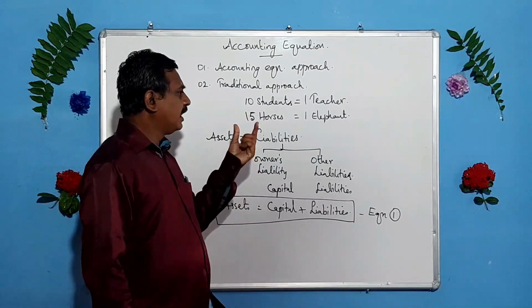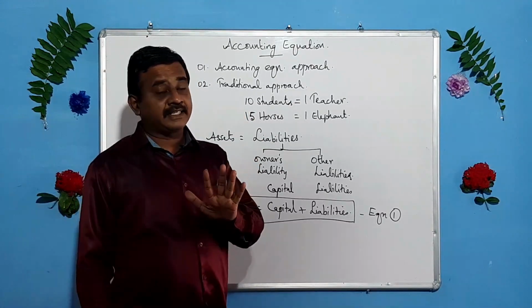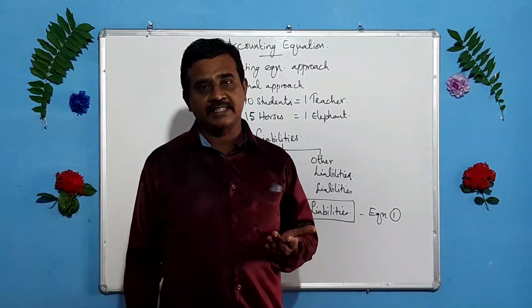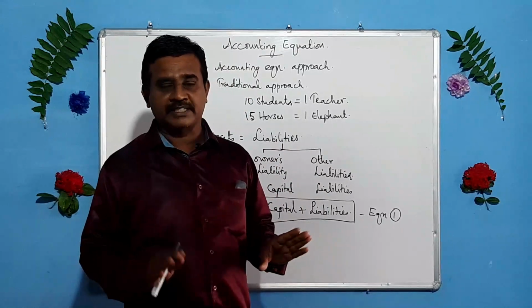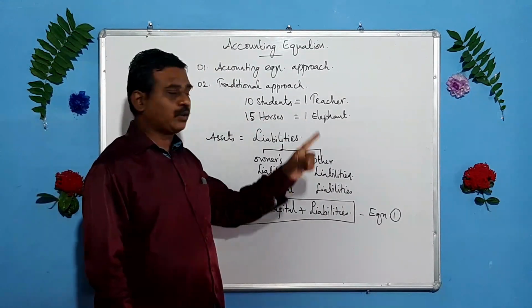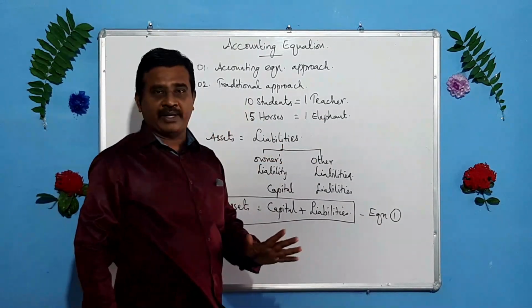Let us take one thing. You might have studied in 9th standard, 10th standard mathematics, the binomial equation and like that. You need not worry about that. See, 10 students are equal to one teacher. One is equal to another. That is equation.